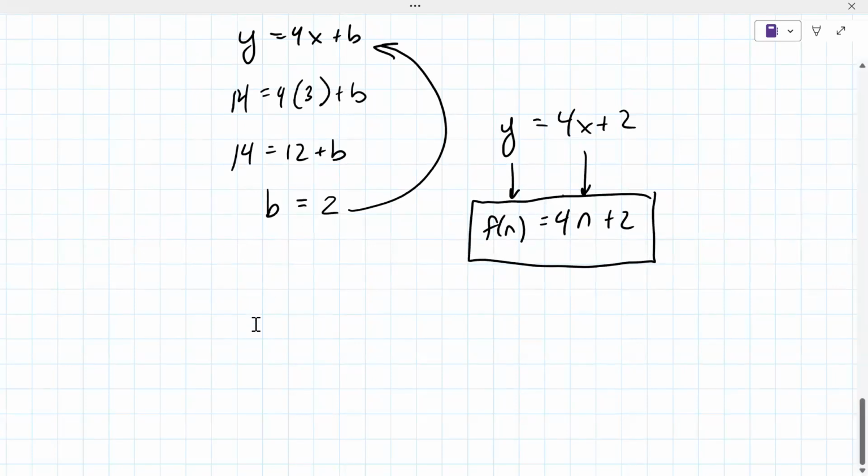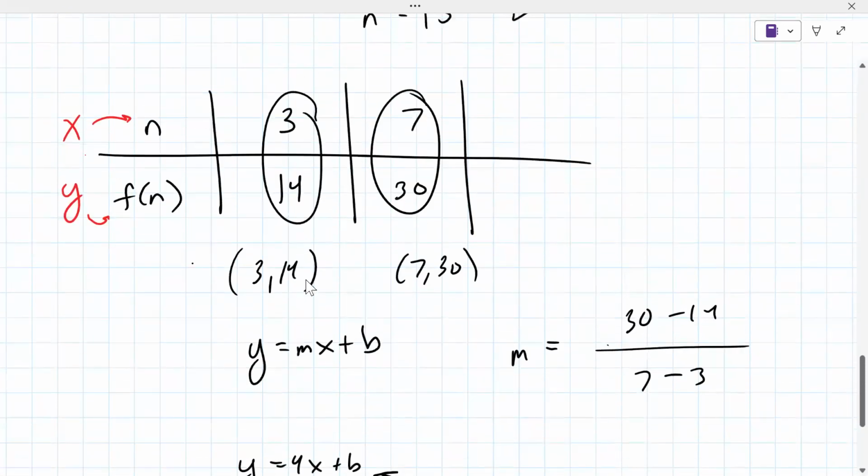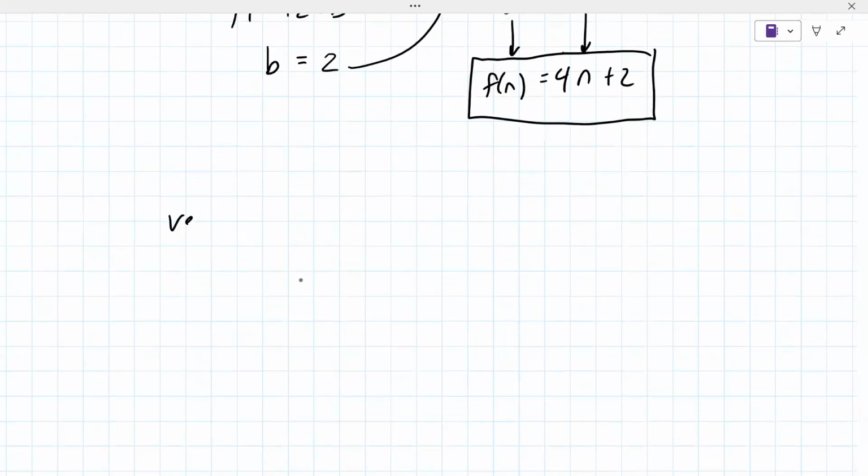All right, now we want to verify that f of 7 equals 30. How do you verify that? Where does that 7 go? Oh, that 7 goes where the n is.